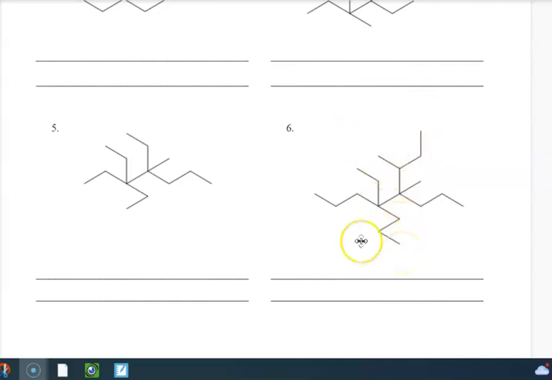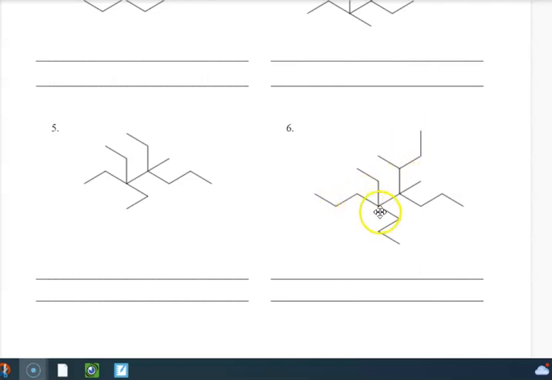Okay. So let's see here. If I go, I don't know how you want to do this. I'll go this way. Ready? Count with me. 1, 2, 3, 4, 5. Now go up 6, 7, 8. I think that will be the one with our most branches. So I would start lettering, what do you see? And number it.